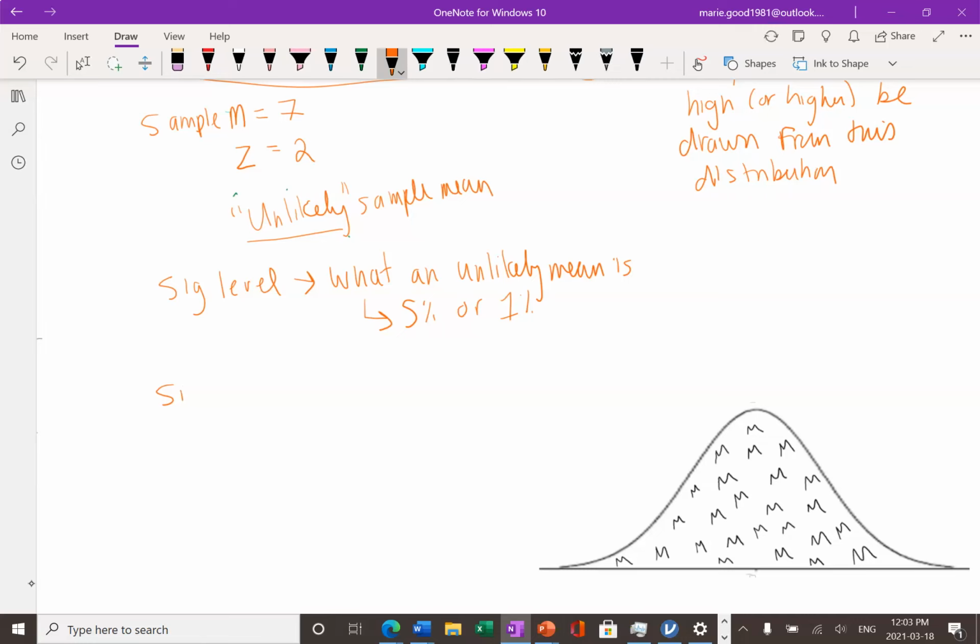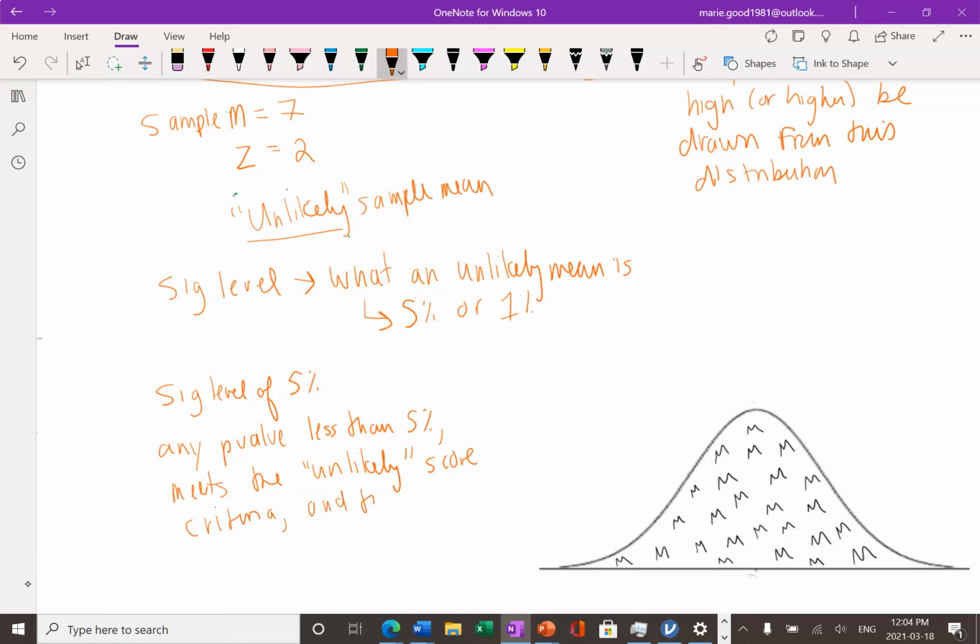So if in your test you have set a significance level of 5%, any sample mean with a p-value less than 5% meets the criteria of an unlikely sample score in the null situation. So it meets the unlikely score criteria, and therefore you reject the null.